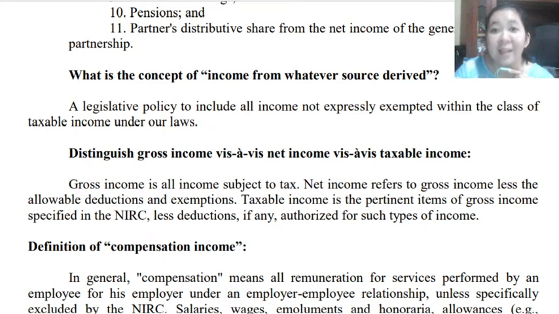That is your net income. While your taxable income is gross income minus the allowable deductions provided in our tax laws. That is equal to taxable income. So please take note of the difference between those.